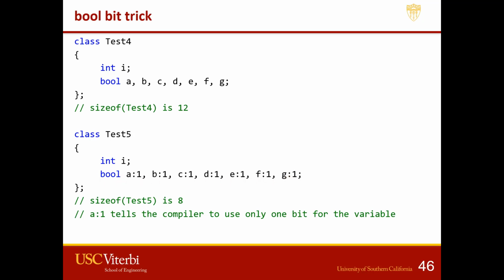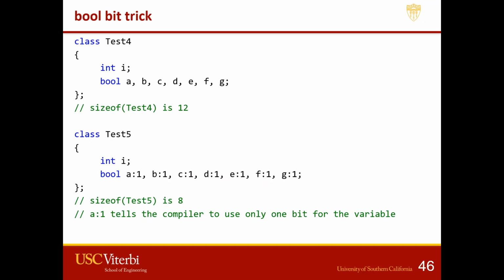And then that gives me 5, but I still need my padding, so that will be padded out to 8. So I did manage to take my 12-byte class and drop it down to an 8-byte class by using the bool bit trick.